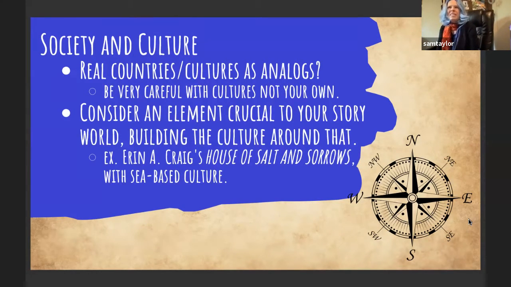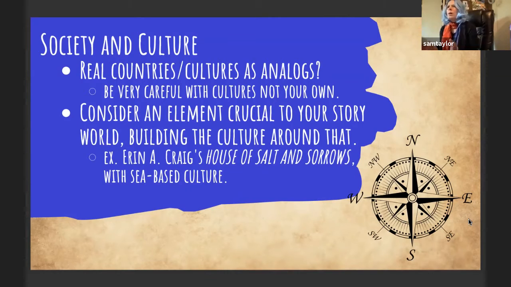And I say this because if you are trying to base a world on a country or culture that's not your own, it can be very easy to start cherry picking things that seem cool to you. You're like, oh, I like that aesthetic, or I like this or that. And you start cherry picking things without understanding the cultural significance of those elements, or what they mean together, how they play into each other.